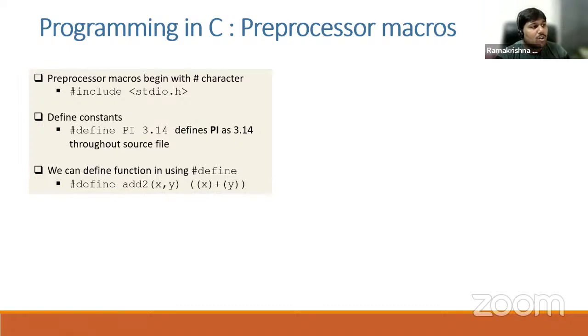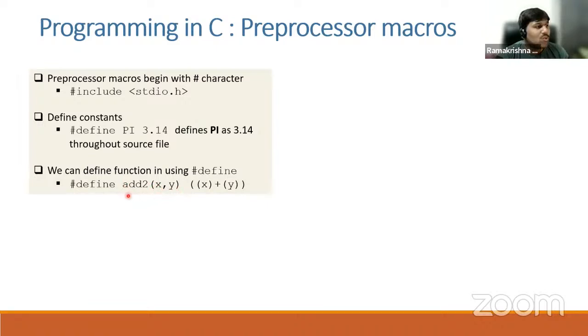So consequently, you can write functions in preprocessor macros also. You can define a function in the macro itself. See here an example: hash define ADD2(x, y) x plus y. So what this will do is add two variables x and y.